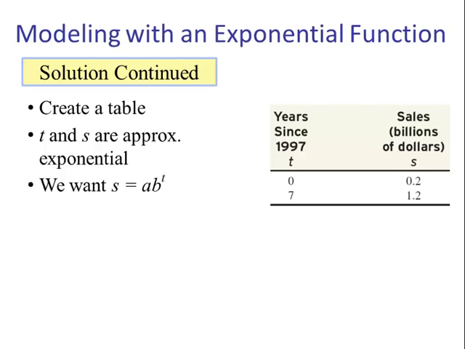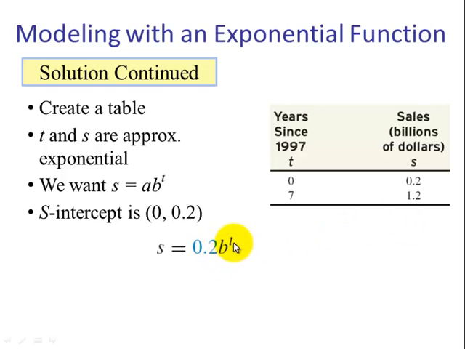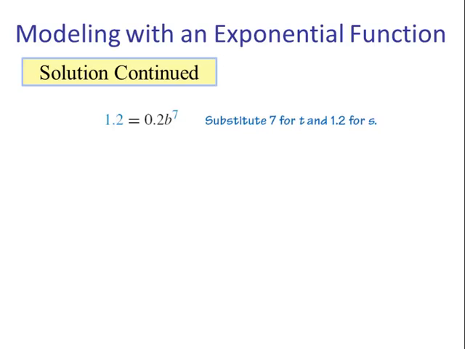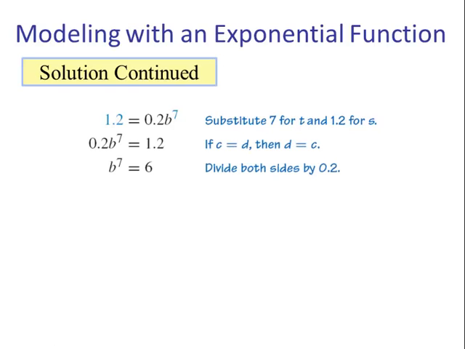So we want the equation S equals A times B raised to the T power. We know that the value of A is 0.2. Next we need to find B, and we'll use this point. When T is 7, S is 1.2. First we want to divide by 0.2.